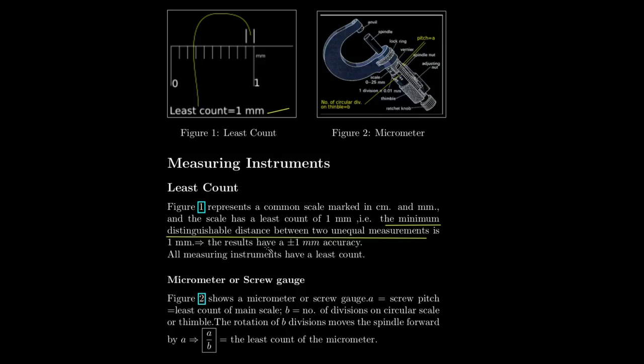This implies the results have a plus minus 1 millimeter accuracy. We come to the concept that all measuring instruments have a least count.